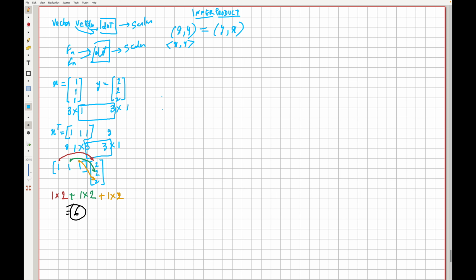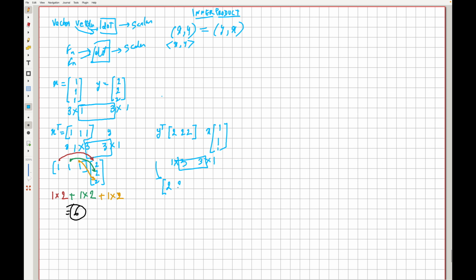What it means is, instead of transposing x that we have here, what happens if we transpose y? If we transpose y, we have 2 2 2, and now if we dot that with the value of x, so x here remains as 1 1 1. Again, if we look at the shapes, this is 1 by 3, this is 3 by 1, and so dot product is possible. So let's go ahead and do that.